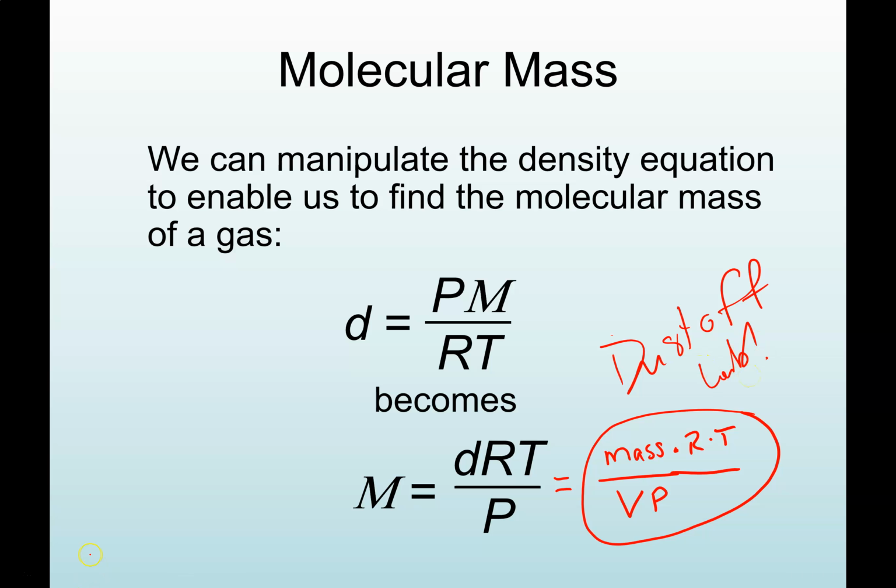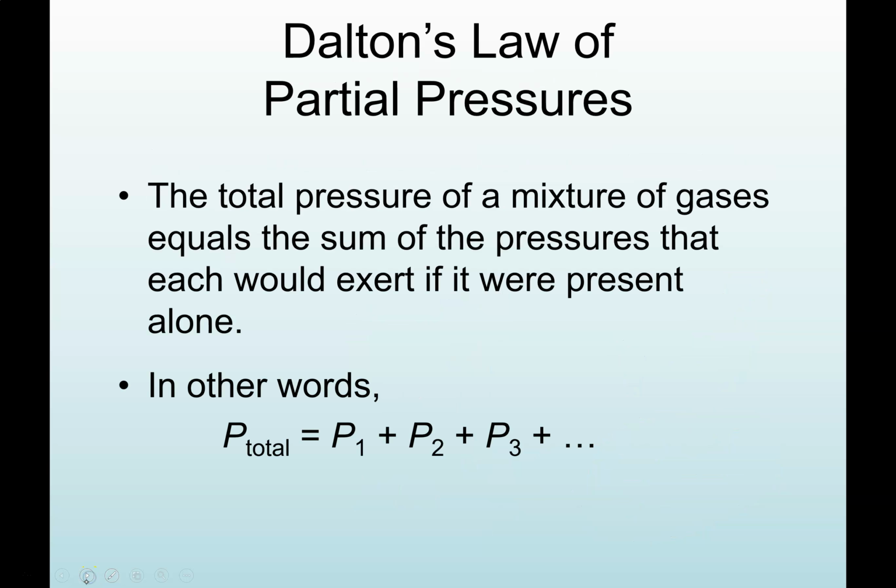From there, we can talk about our next big topic and the last one in this video, which is Dalton's law of partial pressures. It states that if we have a mixture of gases, think the air you breathe, the total pressure of all of those gases added together is equal to each of the individual gases' pressures added together.